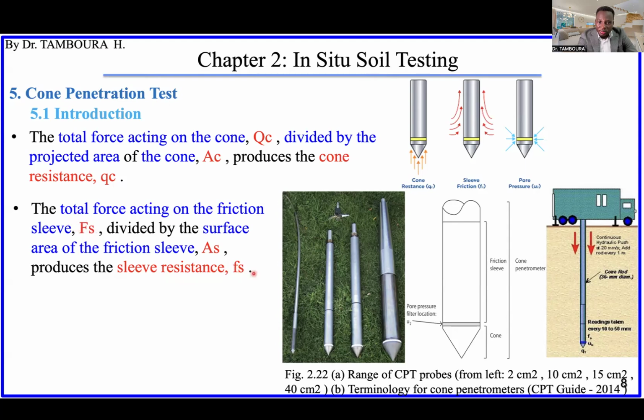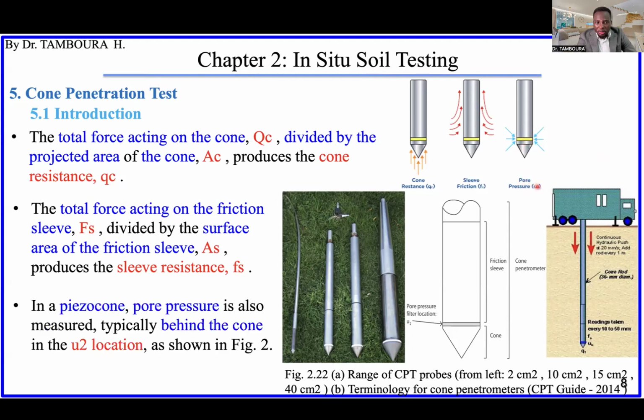This one is a capital F and this one is a small s. So that is sleeve friction. And the last one, this part, gives us the pore pressure.